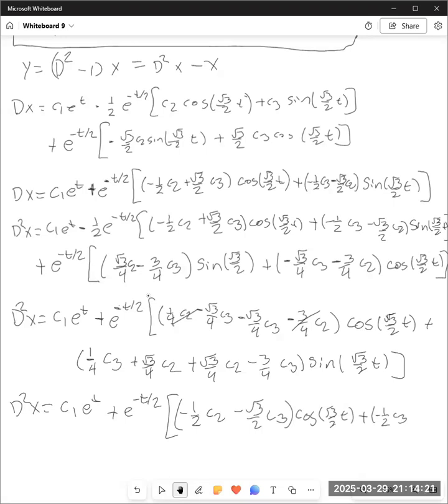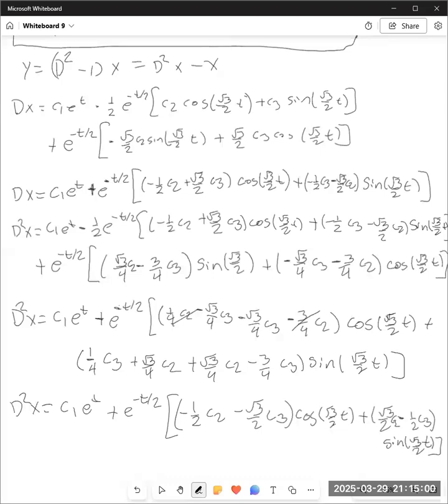Let's actually make that second since c3 comes after c2. So minus 1/2 c3, root 3 over 4 plus root 3 over 4 makes root 3 over 2 c2, and that is my sine of root 3 over 2 t. Close that up. Now that's got me my D2x that I need for my equation here.